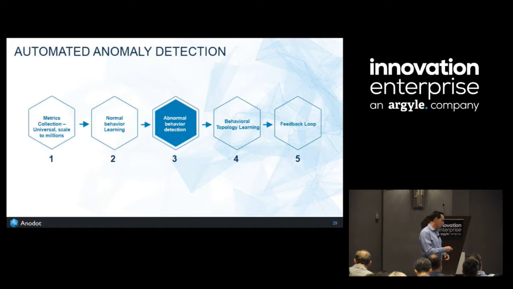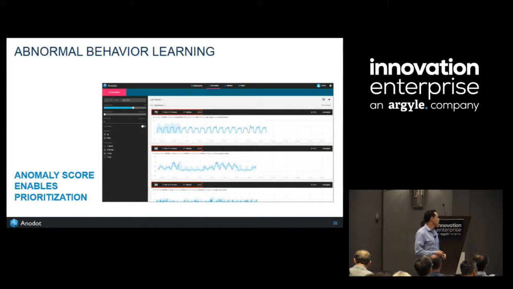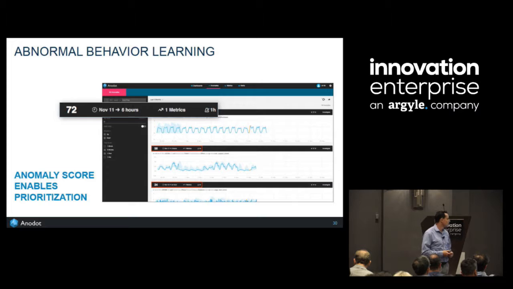So what we are talking about in this step is giving a score to each anomaly. You have a lot of anomalies, and you now want to do something called second-level learning, which is learning the behavior of the anomalies themselves, and then give them a score between 0 and 100, which represents how significant and important the anomaly is, so you can focus only on the important anomalies and ignore all the anomalies that are not important.